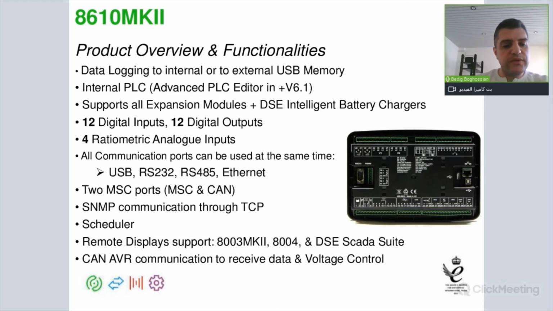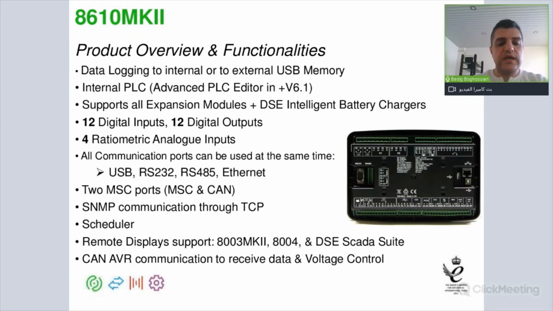And I will jump a little bit. It has 2 MSC ports. The MSC stands for multi-set communication. It's for the synchronizing modules to communicate together because they need to transmit messages to each other or read messages. What is the bus kilowatt, or what is the percentage that each of the gensets has to provide over the bus?